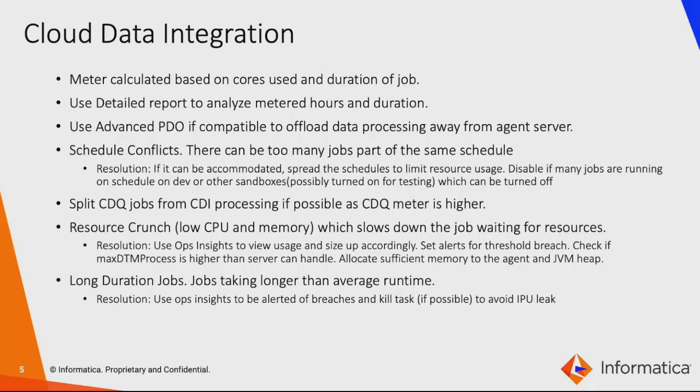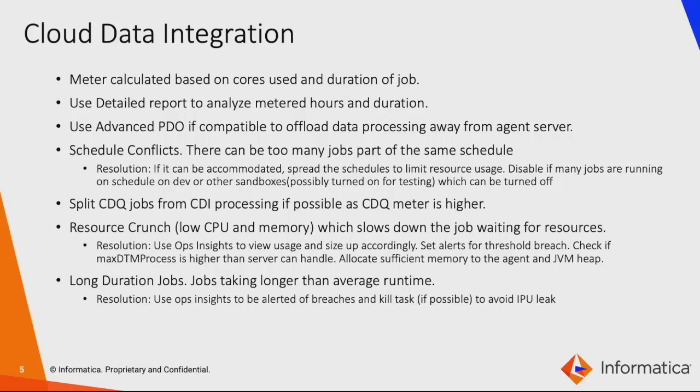Or say, for example, if you have configured the max ATM process, which is one of our Secure Agent configurations for increasing the number of parallel jobs, and you have set it to a higher number, now you have a lot of jobs fighting for more resources than the agent can handle, thereby increasing the duration of the job, right?